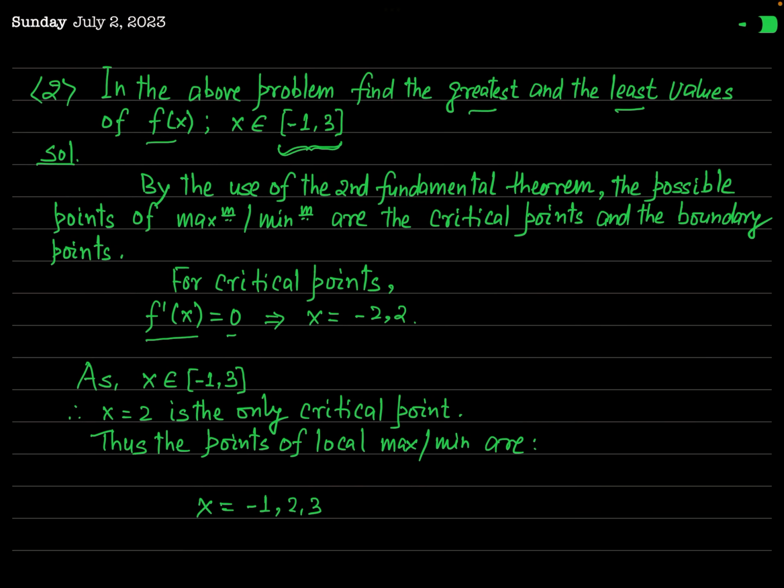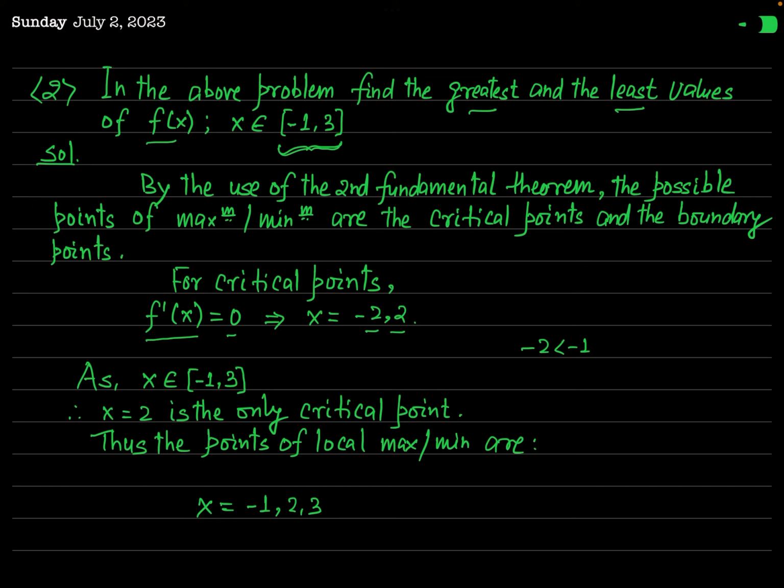So I have directly written here that when f'(x) is 0, then x is -2 and +2. Now the given interval is between -1 and 3. So this -2 is less than -1, so this is outside of this closed interval.